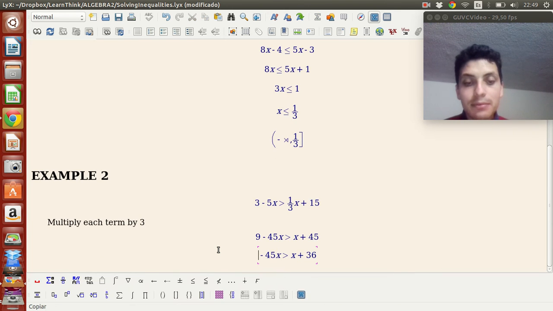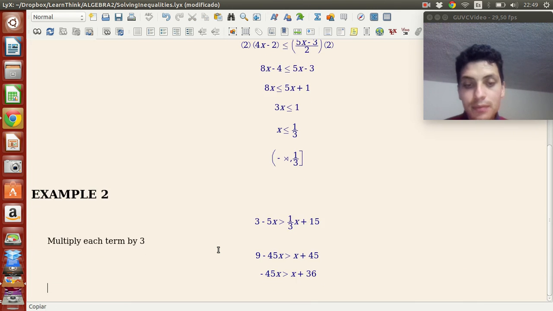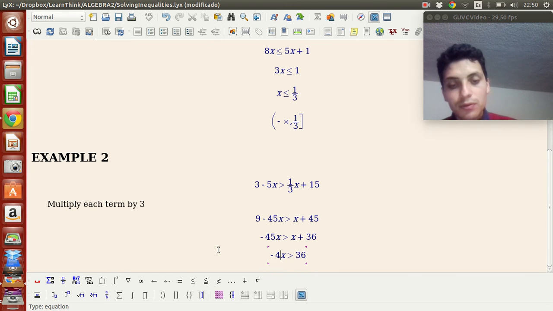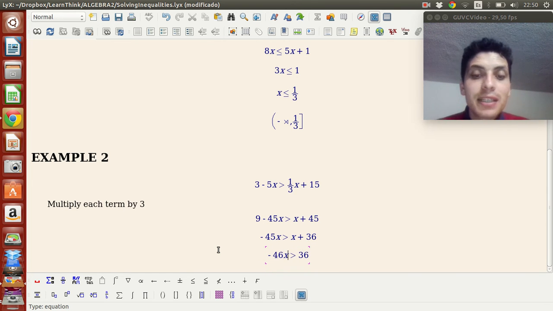Now I'm going to subtract x from each side of the inequality. So x minus x is 0, and minus 45x minus x is minus 46x, greater than 36.